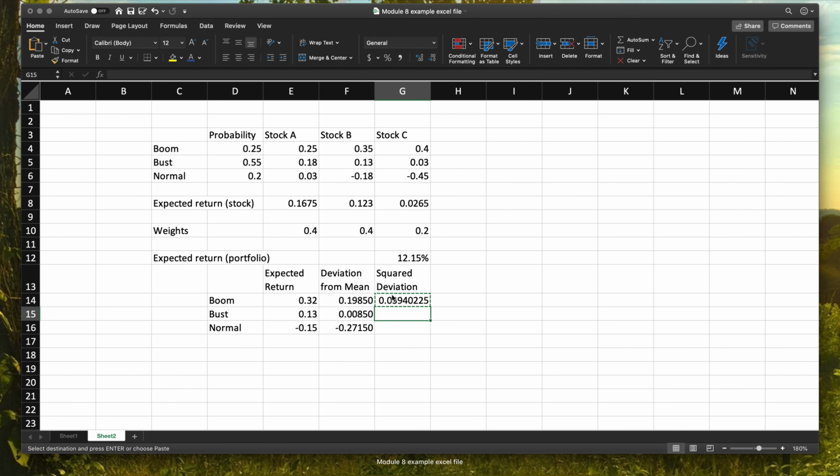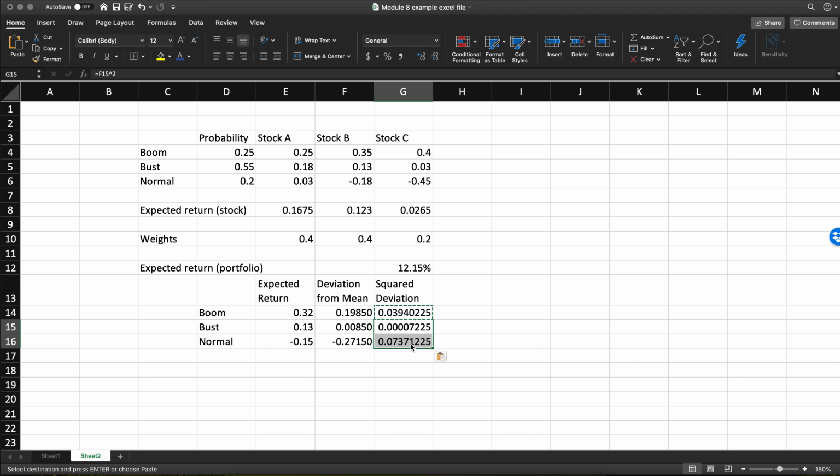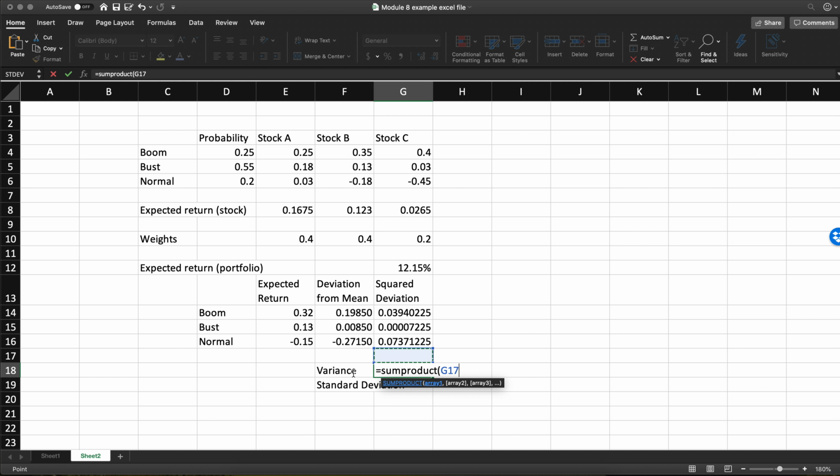You could combine these 2 steps if you would like. If you would like, you don't have to. And now the variance and the standard deviation. The variance is going to be the sum product of the different returns and the probability that those returns occur. And the standard deviation is just going to be the square root of that.